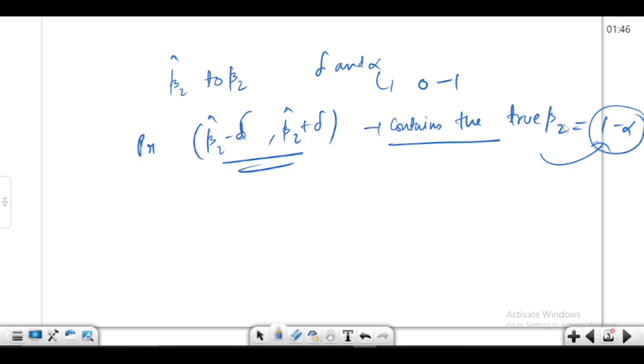So let's see what this means more deeply. If I write this in the form of an equation, it means the probability that beta 2 lies between beta 2 hat minus delta and beta 2 hat plus delta is equal to 1 minus alpha.